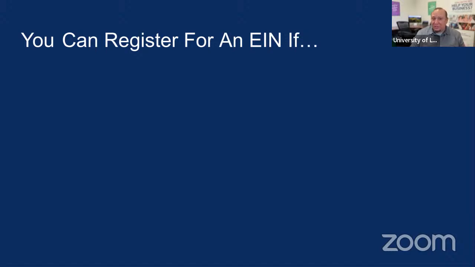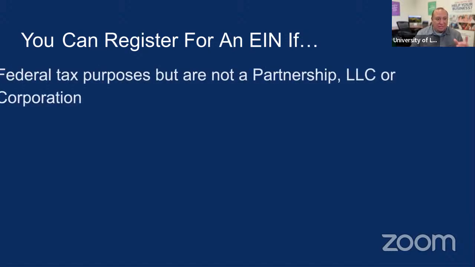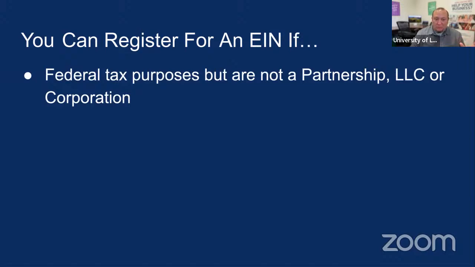So you can register for an EIN if you are looking to file taxes but are not a partnership, you're not an LLC, or you're not a corporation. So we're going to be doing it as a sole proprietorship. If you're a sole proprietorship, you're not required to have an EIN, but it is a good idea to have one other than using your social security number, which is the other option.